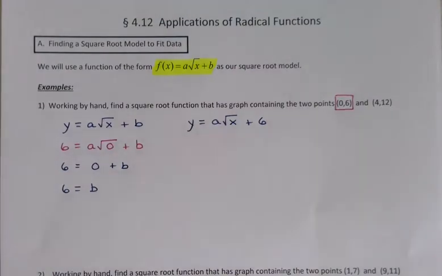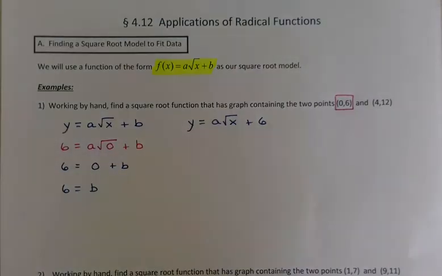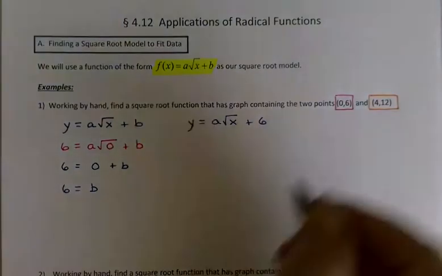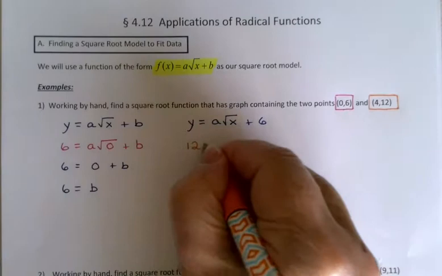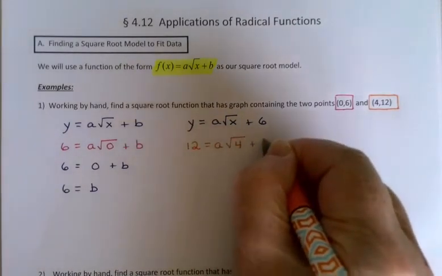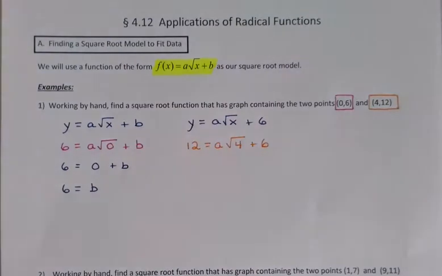Next, let's plug in the second point, (4, 12). y is 12, x is 4, and I've got the 6 that we already figured out as the add-on there.